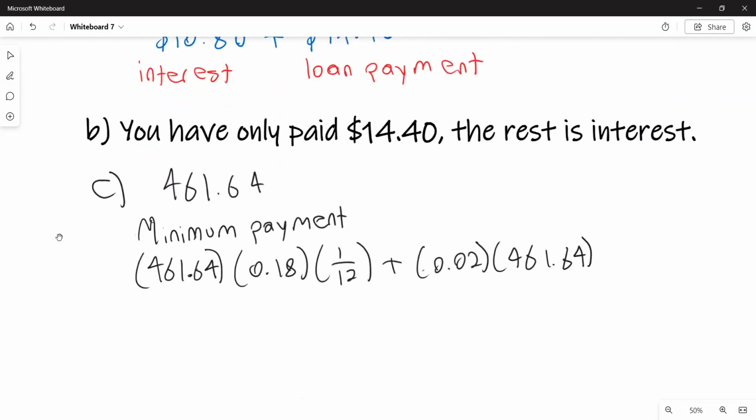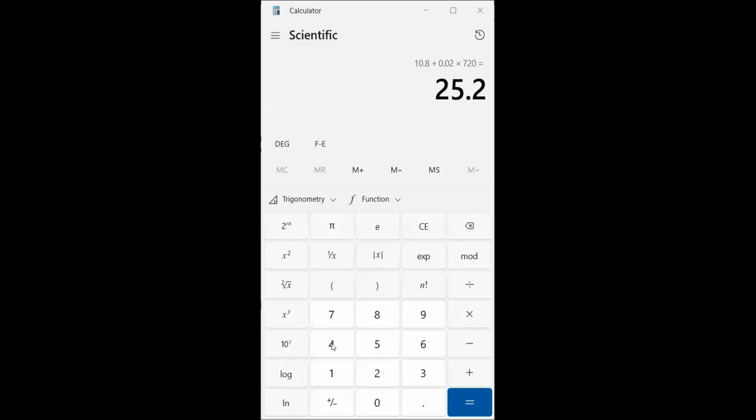And if you calculate that, let's calculate this. This is $461.64 times 18% divided by 12 plus 2% of the outstanding balance. And the finance charge is going to be $16.16.